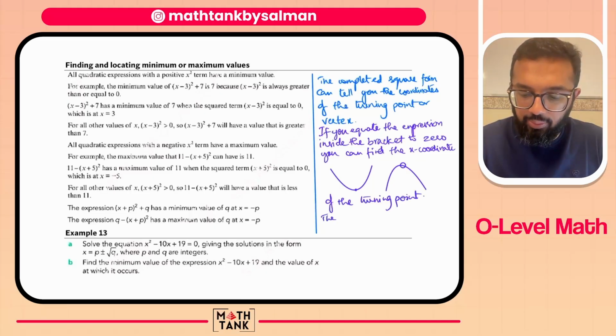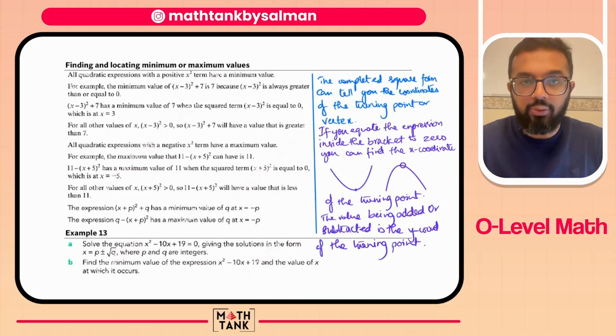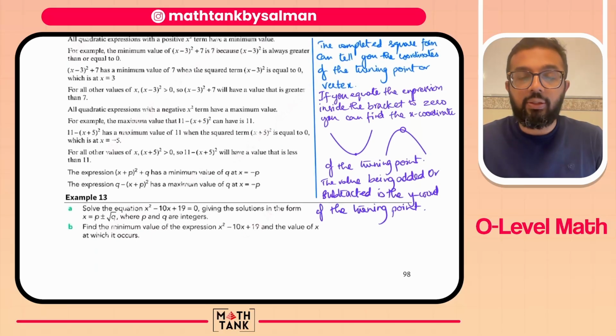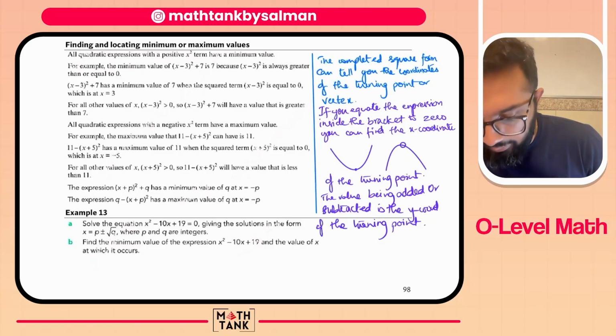The value being added or subtracted is the y coordinate of the turning point. So the completed square form tells us more about the turning point, or the vertex as it's called in math. How do you find the coordinates of the turning points?